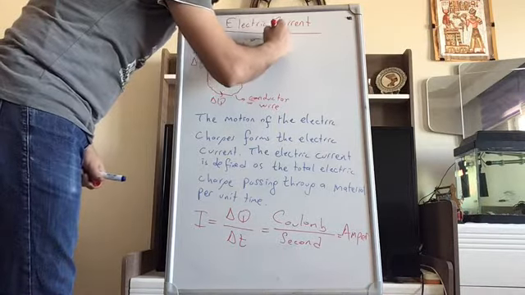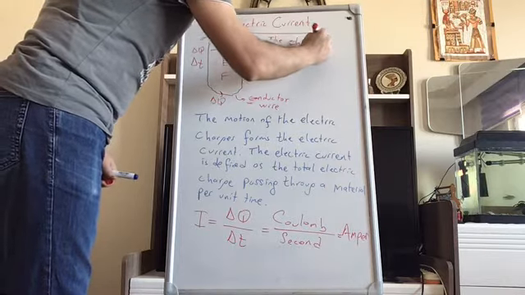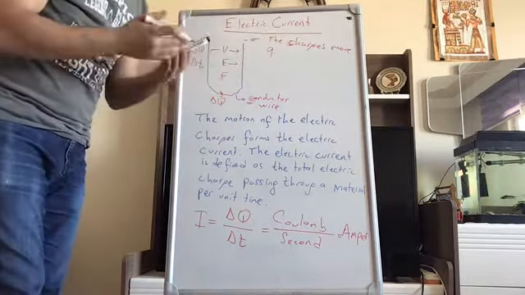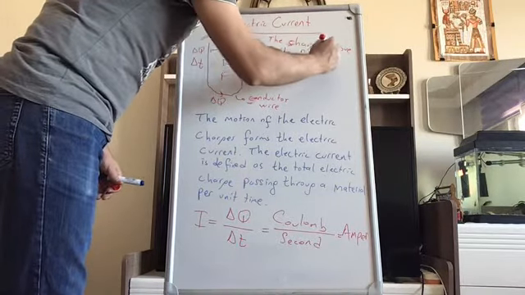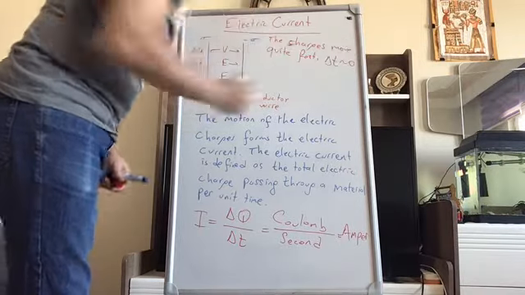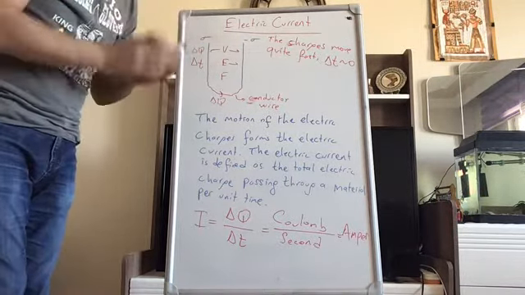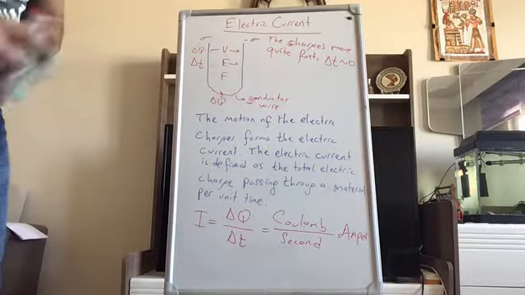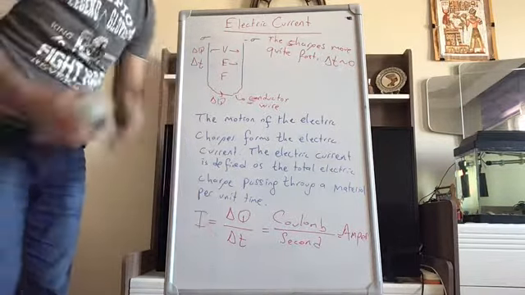The charges move very close to the speed of light, quite fast. So delta T is almost 0. When you start measuring the time, you are not going to measure exactly 0, but delta T will be very small. So how can we define the current when delta T is so small?